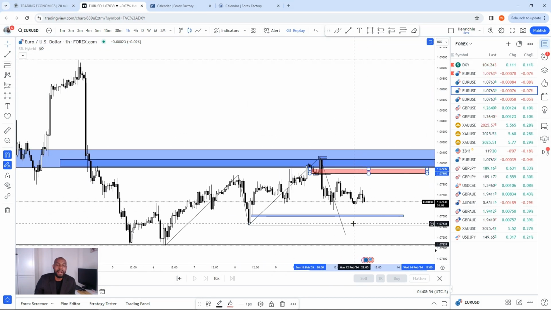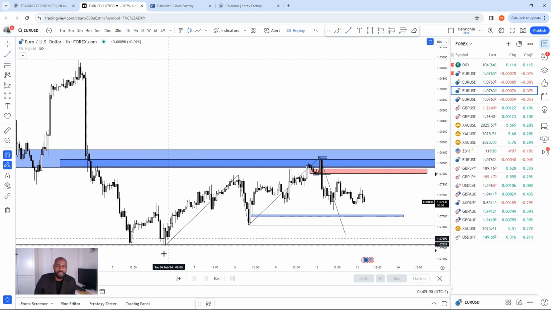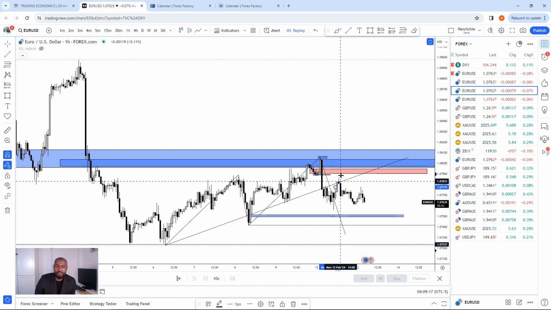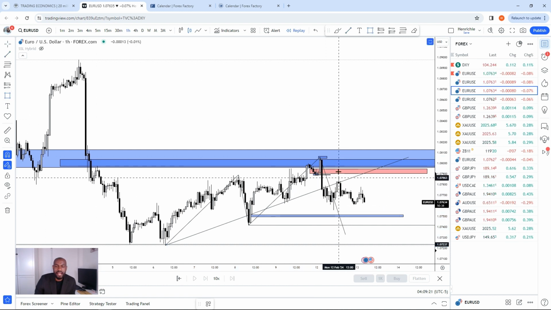But personally, I'd prefer to see these lows get taken, because these lows are liquidity, relative equal lows resting right here, and we'll also have this trend line liquidity resting right here as well. So I wouldn't be surprised for price to run these lows. And as you can see, right here, price is tapping the trend line, coming here, breaking through, and a lot of traders are going to have their stop losses resting above this high right here.